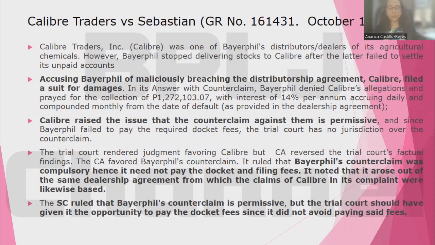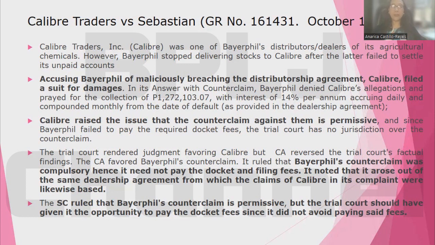Bayer Pill denied Calibre's allegations in its answer with counterclaim and prayed for the collection of a certain amount from the date of default as provided in the dealership agreement. Calibre raised the issue that the counterclaim against them is permissive.